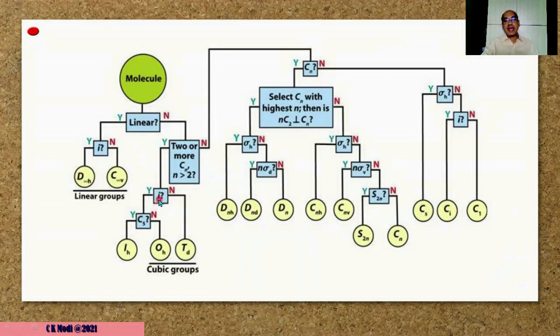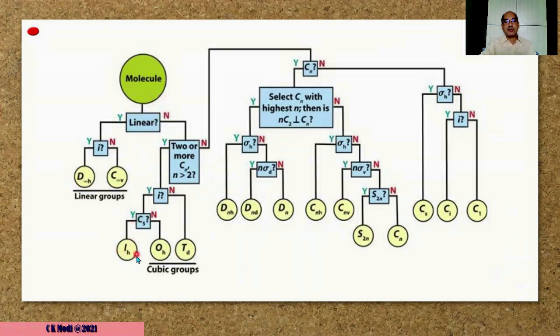Okay, so in that case, and center of symmetry I is present, along with if C5 rotation axis is also present, then the point group is icosahedral. So the molecule having icosahedral point group has 120 different operations present.